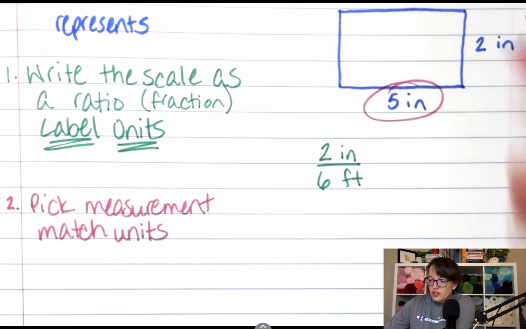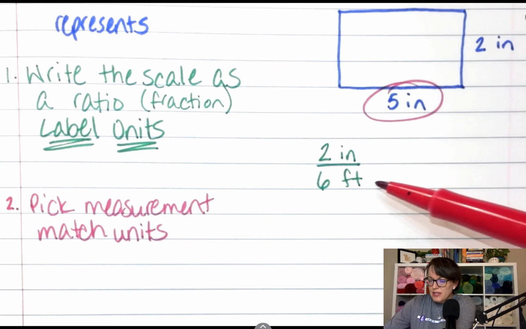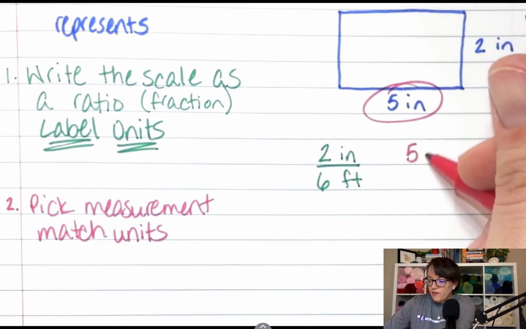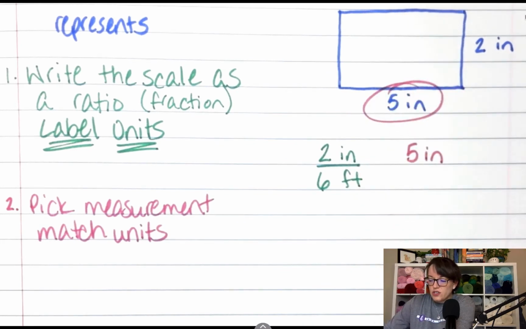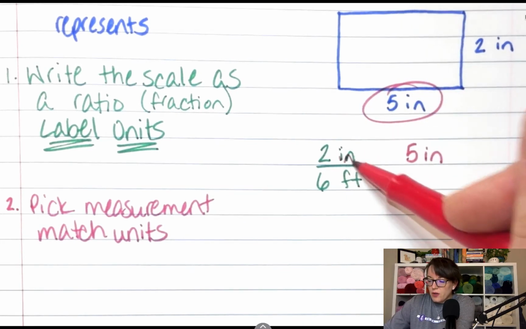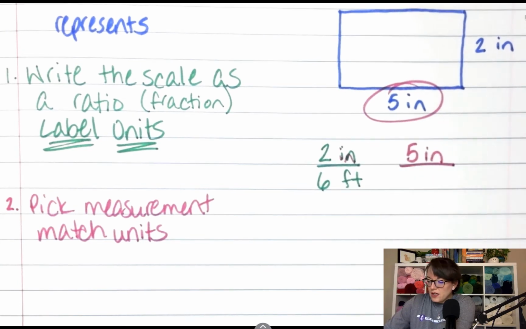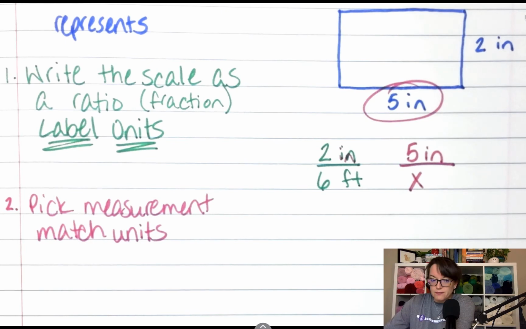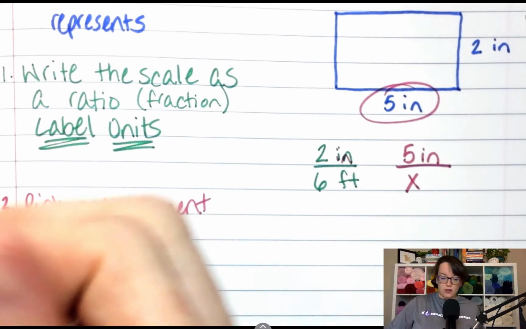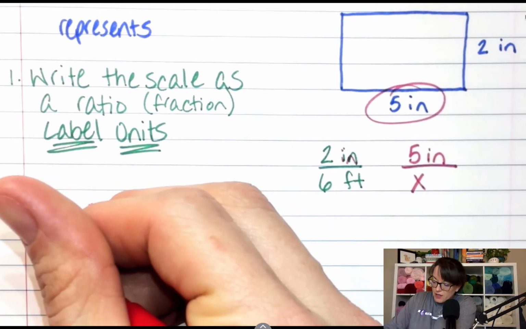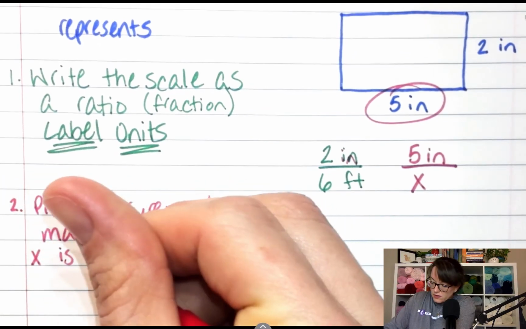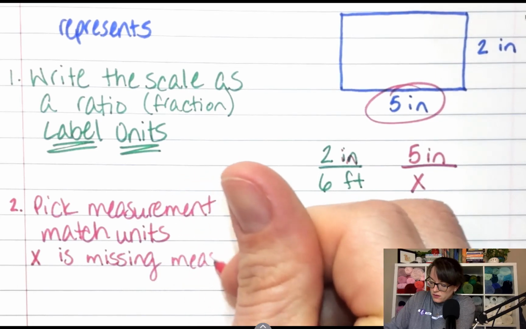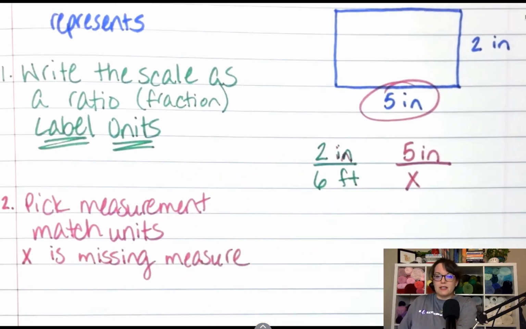It's 5 inches. So is inches on top or on bottom? Inches is on top. So I'm going to put 5 inches next to 2 inches because they're both inches. Now, I don't know how many feet this represents, so I'm going to put an X right there. So I pick my measurement, match my units, and put X for the missing measurement.